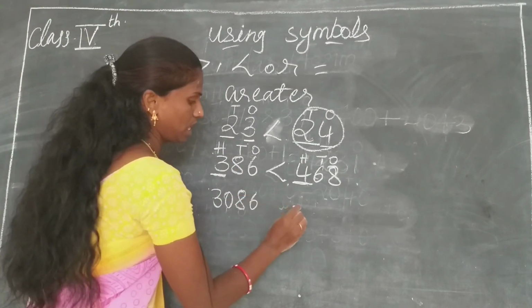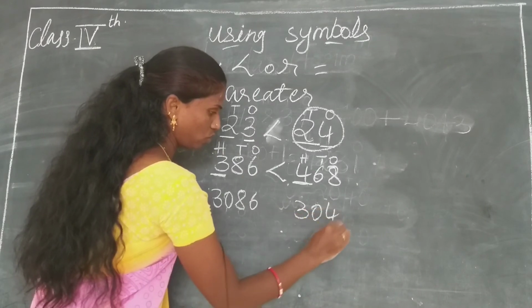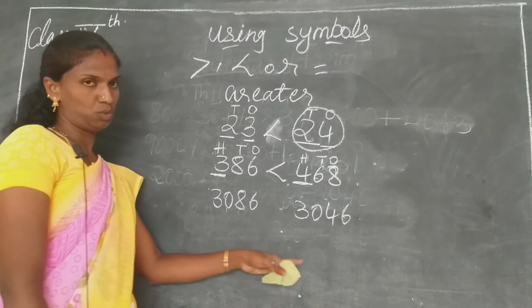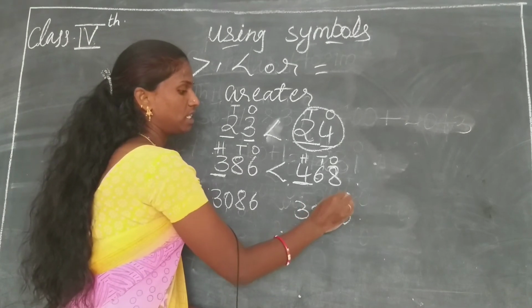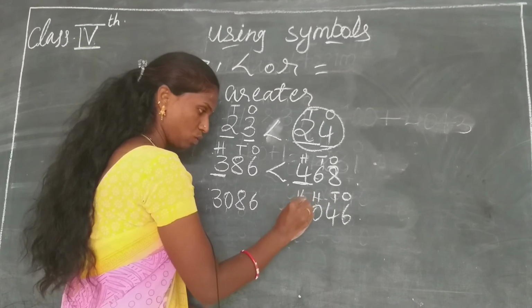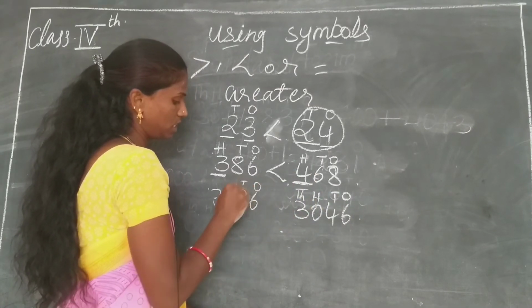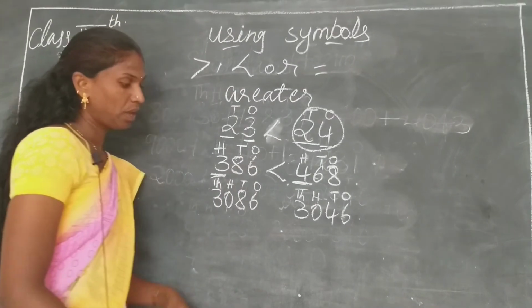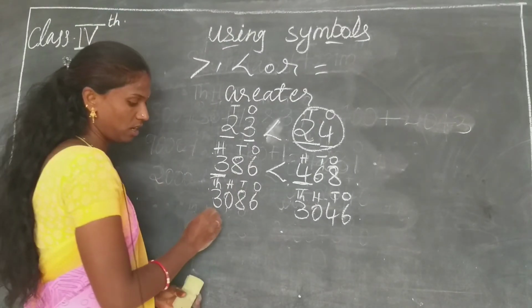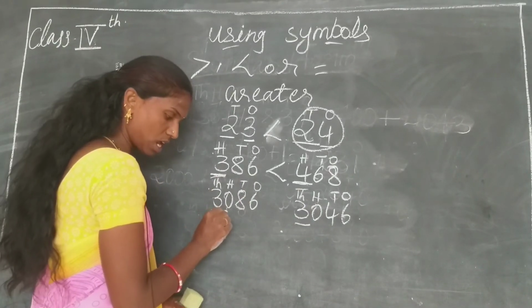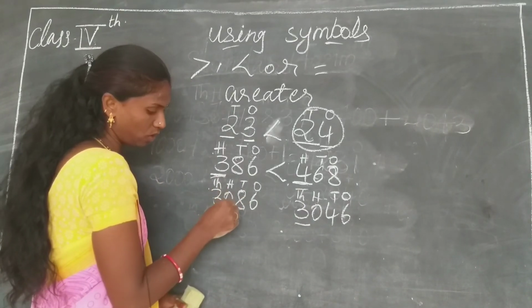3086 and 3046. Now we will compare these two numbers. First arrange them in place values. Ones, tens, hundreds, thousands. Ones, tens, hundreds, thousands. Here 3 is there. Here also 3 is there. Next, in hundreds place 0 is there.